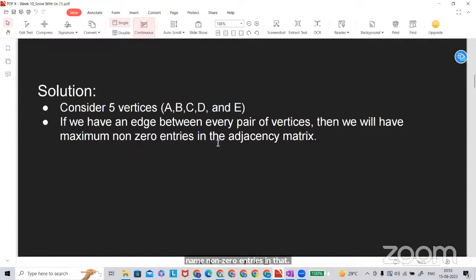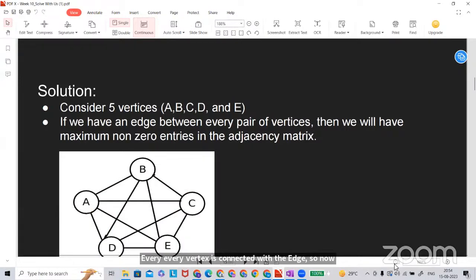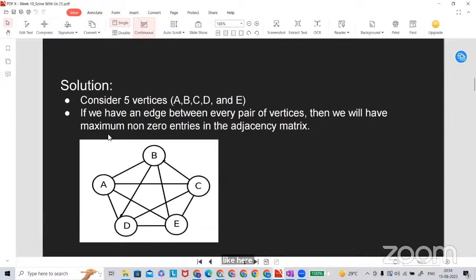The maximum is when every vertex is connected with a different vertex. That is the meaning: every vertex is connected by an edge to every other vertex. So here we can think of a complete graph.